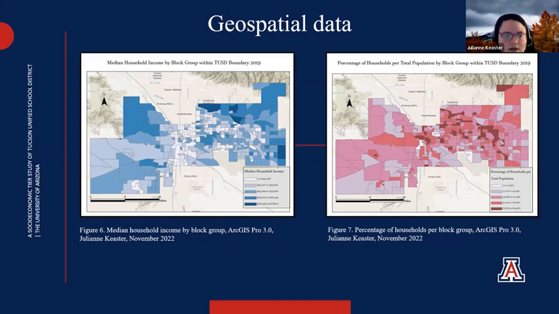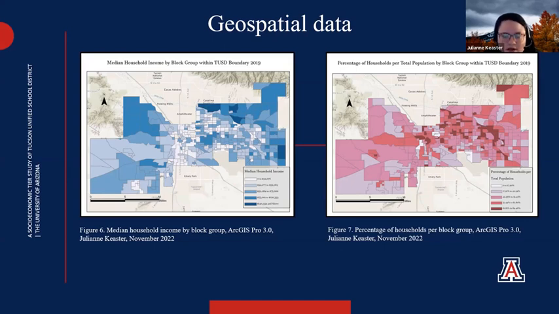And then as the blue gets darker, the income goes up, and the highest income recorded from these data sets was $120,334. Next was figure 7, which was the percentage of households per block group, just to give you an idea of the population density in each block group.